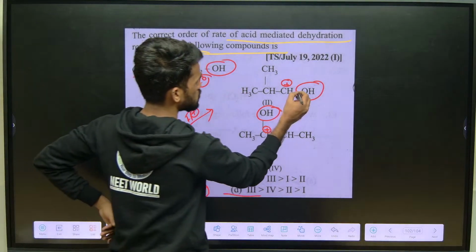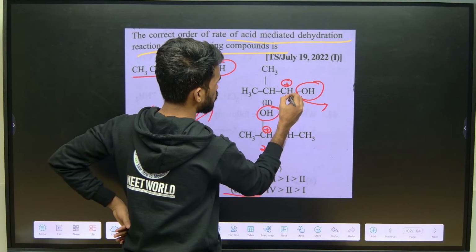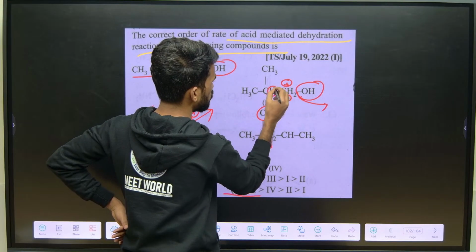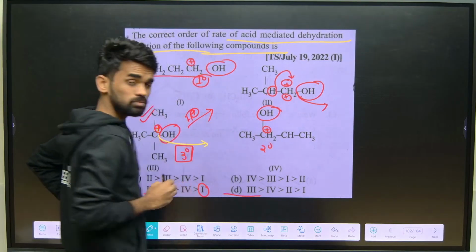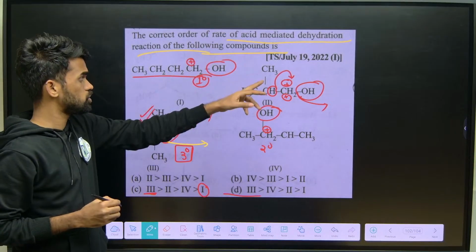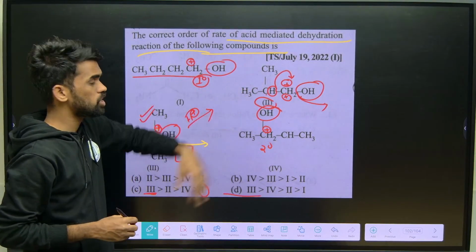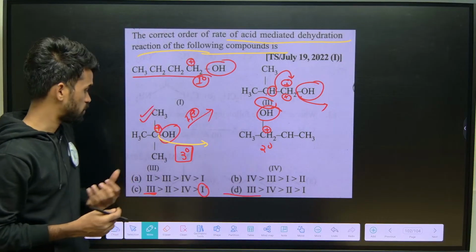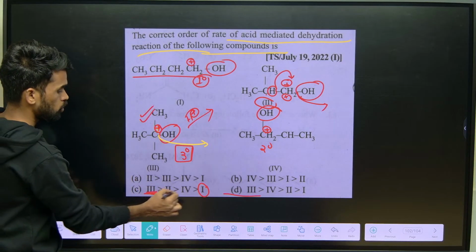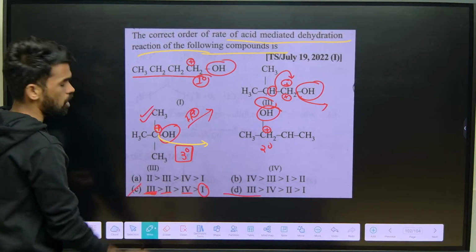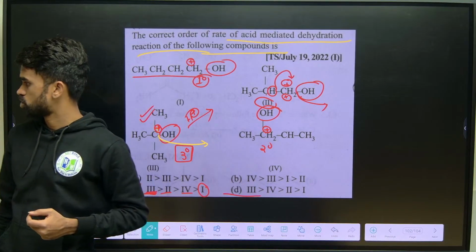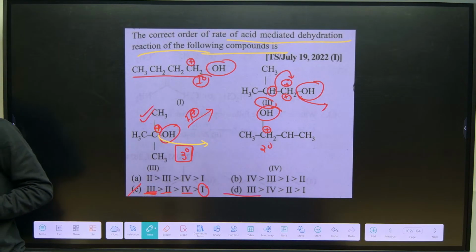If I remove this water from here, you are going to get a positive charge here, but this proton will be rearranged to that and generates a stable carbocation in C, because a tertiary carbocation is formed by rearrangement. So 3 2 4 1 will be your answer. Option C is your answer for the question. Okay, right. Discussion is clear.